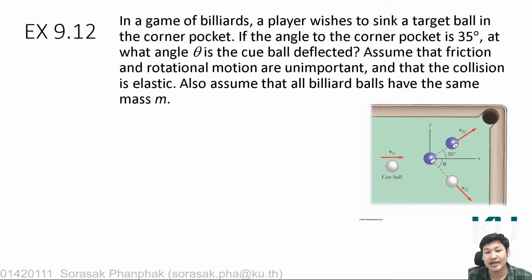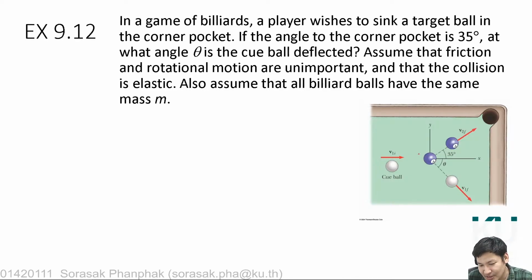This is another example of how you use the knowledge of the conservation of momentum in a snooker game or a pool game, or we can call it billiards, for example. In this case, a player wishes to sink a target ball in a corner pocket.